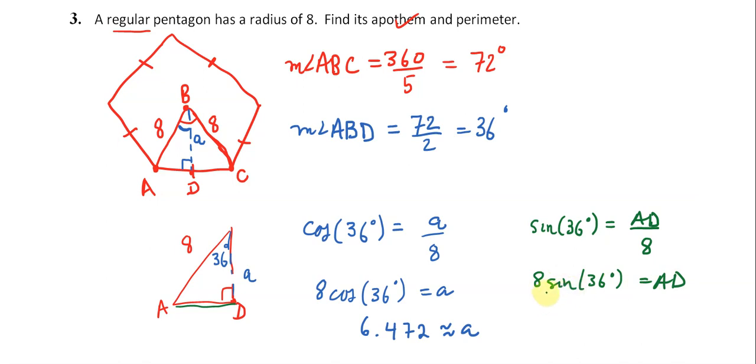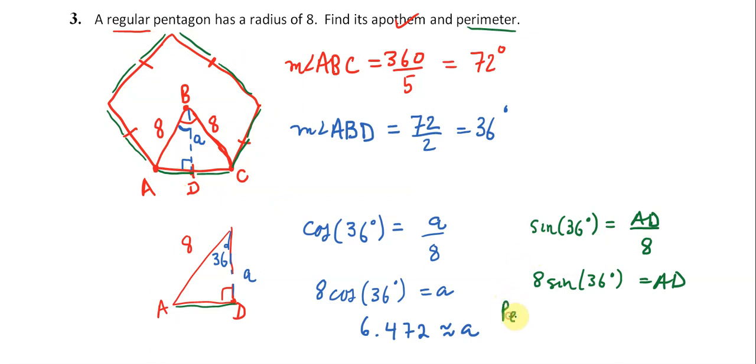Okay. Now, normally I would type this into a calculator and get my answer, but this is not going to be my final answer because I need to find the perimeter. Okay. So the perimeter is the length all the way around. So it's AD, AD again, AD again, AD again, AD again, here, here, here, here, here. All of those green lengths there are going to be identical to each other.